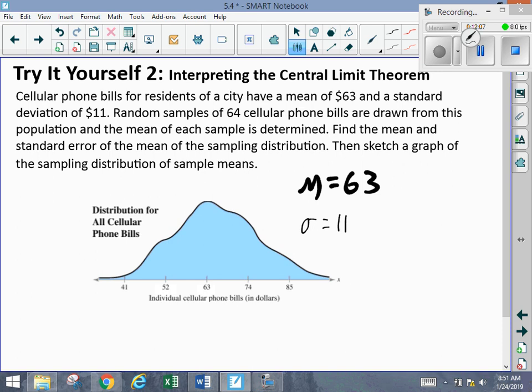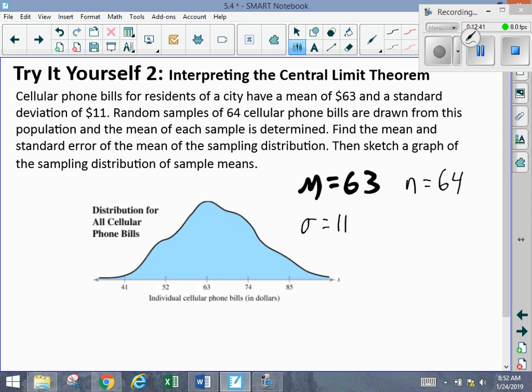Random samples of 64 cellular phone bills are drawn from this population, so my sample size n is 64. We're going to find the mean and standard deviation of the sampling distribution of the mean, then sketch a graph of the sampling distribution of sample means.